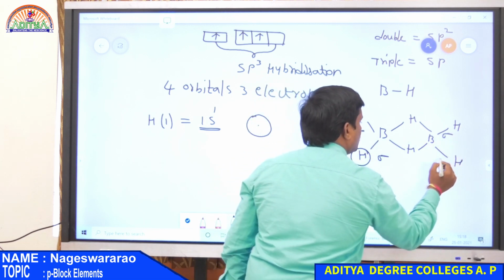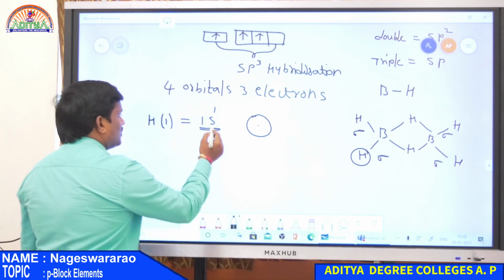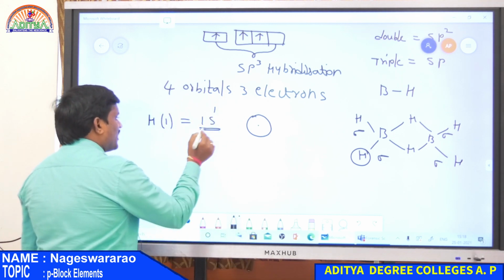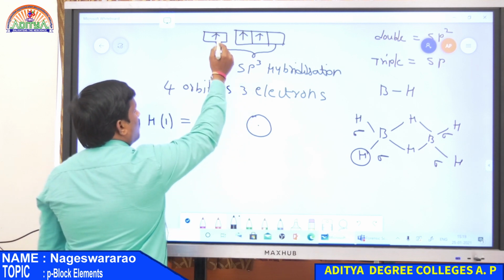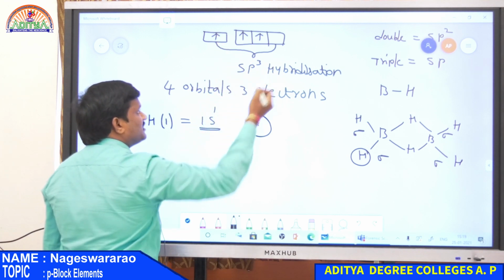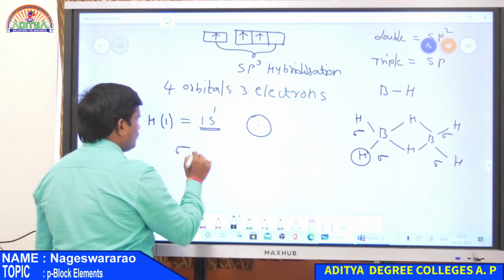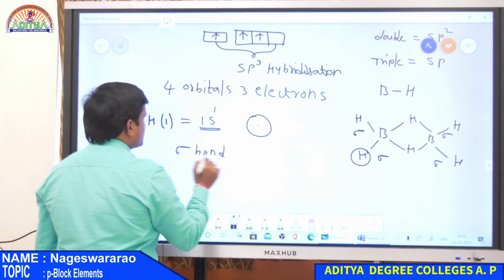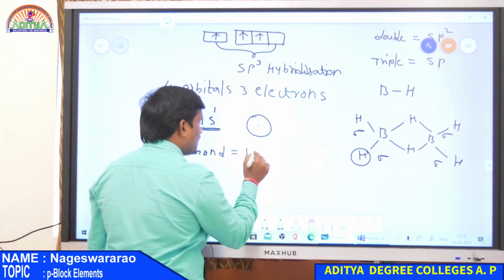So there are totally 4 sigma bonds for BH terminals. So the 1s electron present in the hydrogen atom is bonded with one of the electrons present in sp3 of boron, giving a sigma bond. So here 4 sigma bonds are formed due to overlapping of the 1s orbital of hydrogen atom plus the sp3 orbital of boron atom.